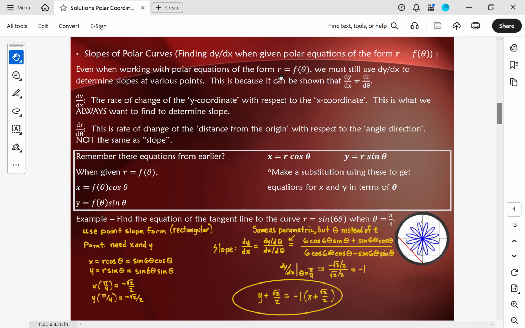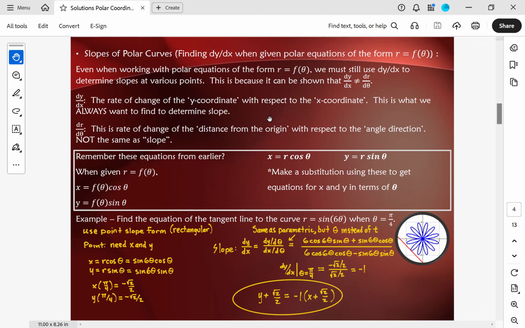Now, if your equation is r's and thetas, well, that's a problem because dr d theta might be easy to find, but it's not slope. It would be the rate of change of distance from the origin with respect to the angle you're pointed at. That's not what slope is.